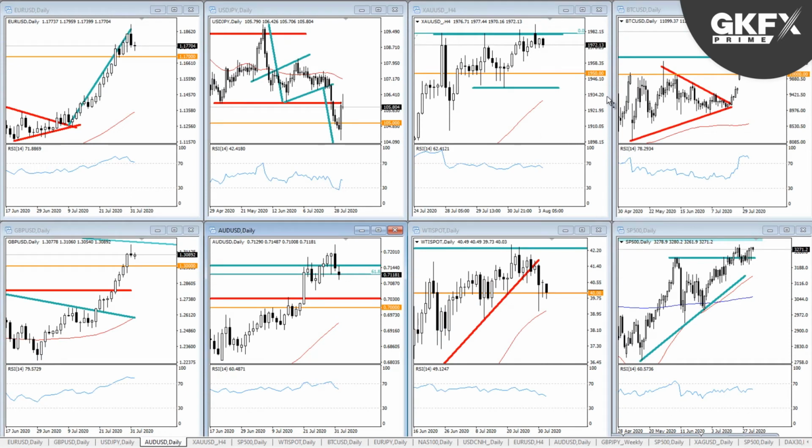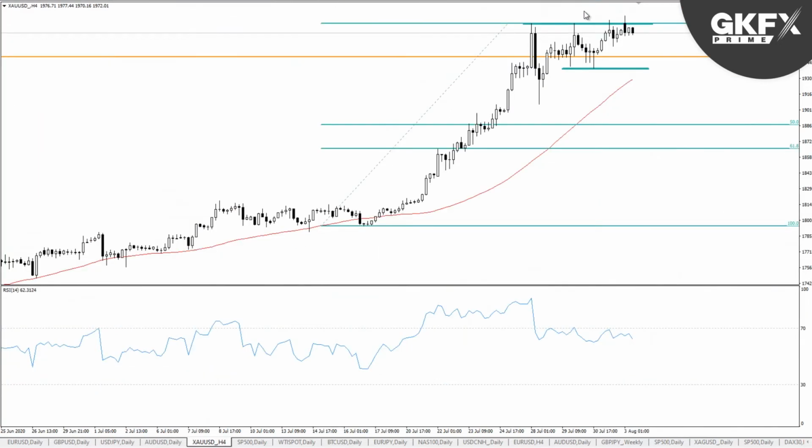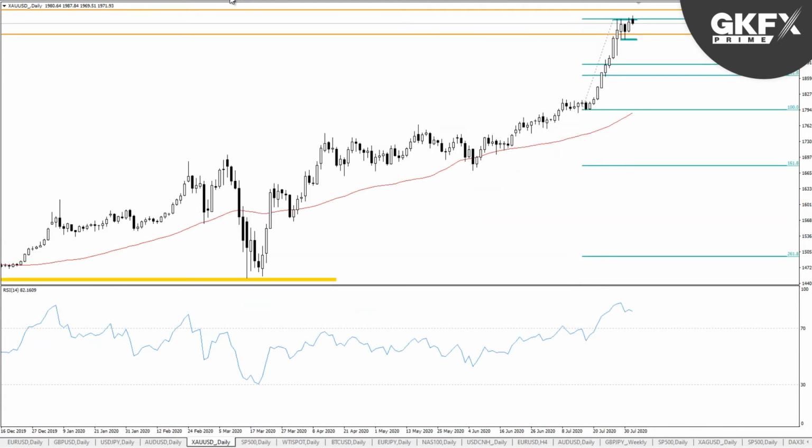Right, let's move away from Forex here. Let's have a look at gold. This is our 4-hour chart. I've zoomed in a bit just because on the daily you can't really see anything. It's just fired higher day after day, and only midweek and then a little bit as of today is it actually showing some signs of weakness.